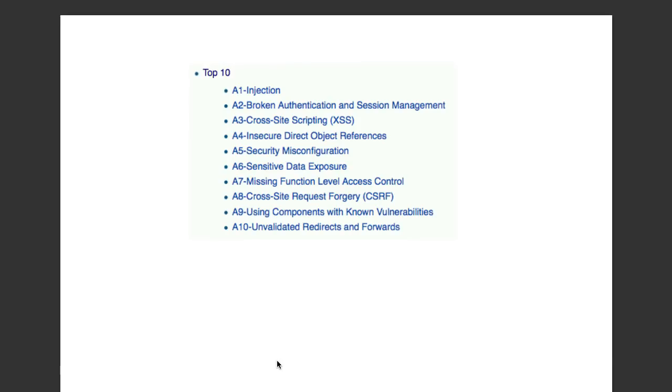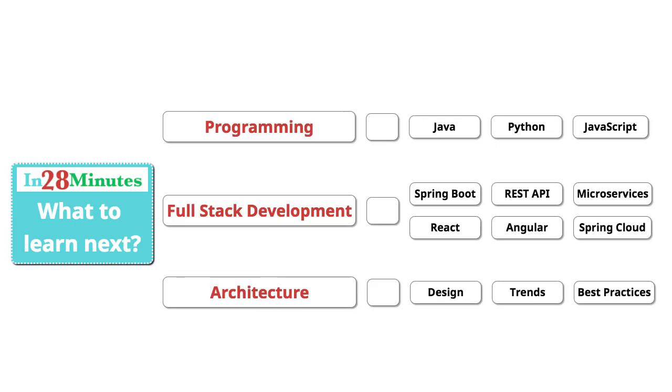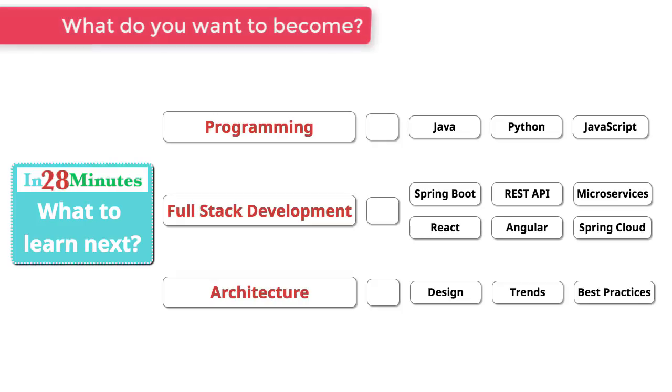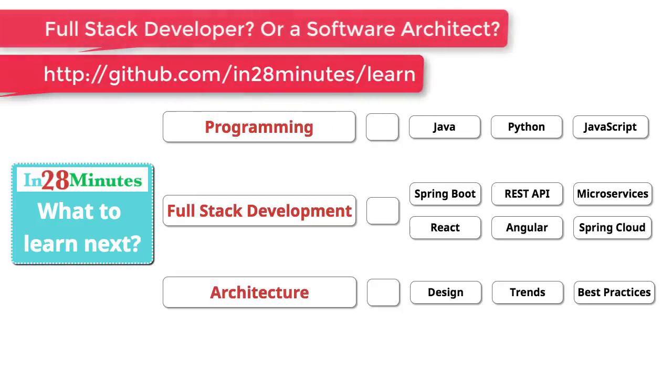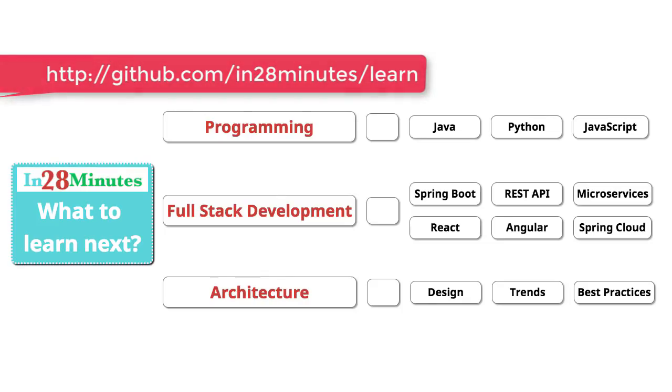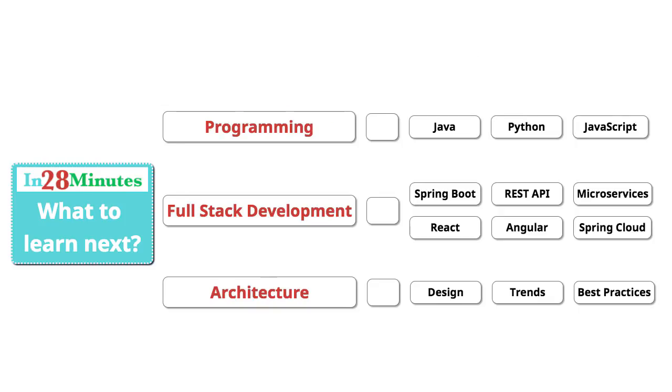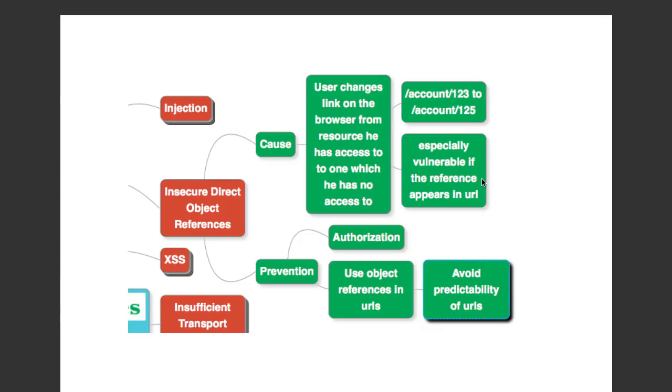The next security flaw that we would be discussing is insecure direct object references. What is insecure direct object references all about?